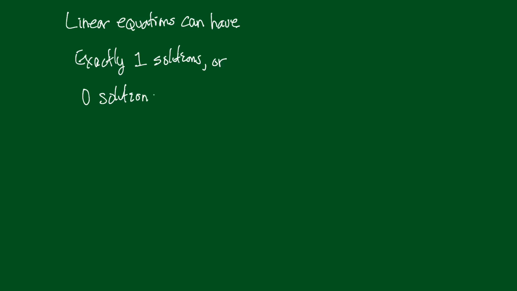It's possible that these equations can have no solutions at all, or infinitely many solutions. Now, there's nothing in between. You're either going to have one solution, no solutions at all, or infinitely many solutions.